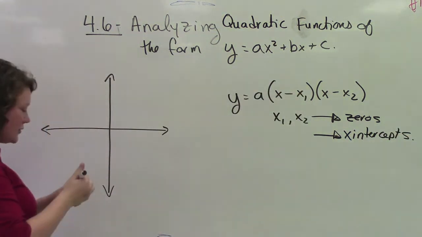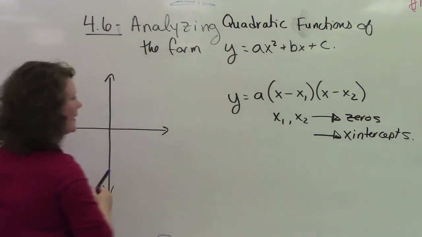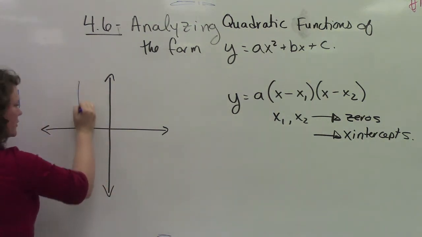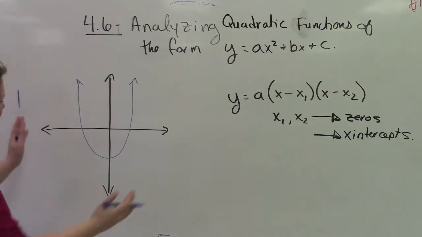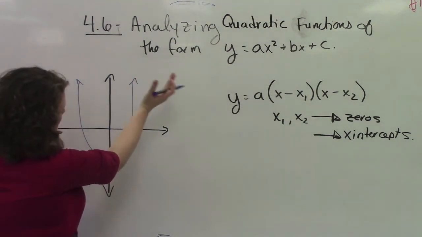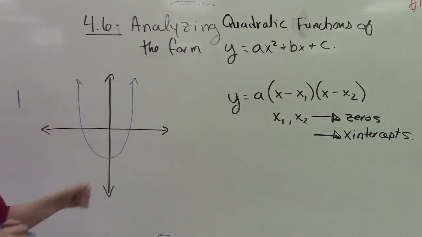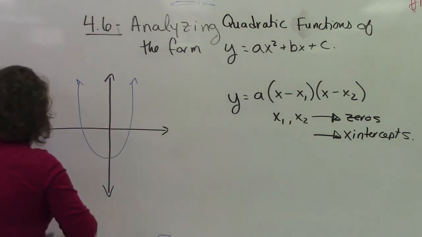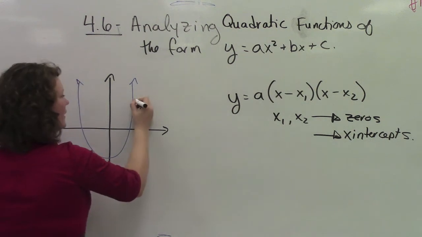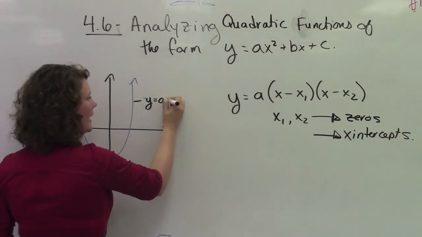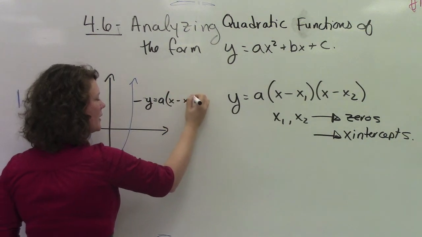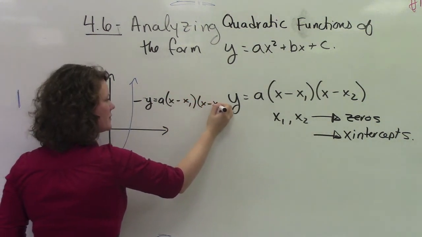So if I were to graph a random parabolic function like this, maybe it's a little too skinny, maybe it should be widening out a little bit more, but you get the picture. And we say that this is y equals a(x minus x1)(x minus x2).